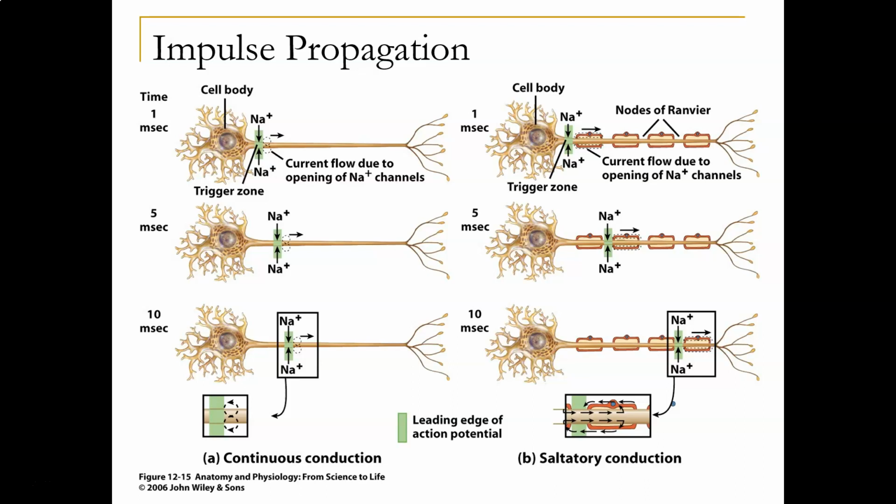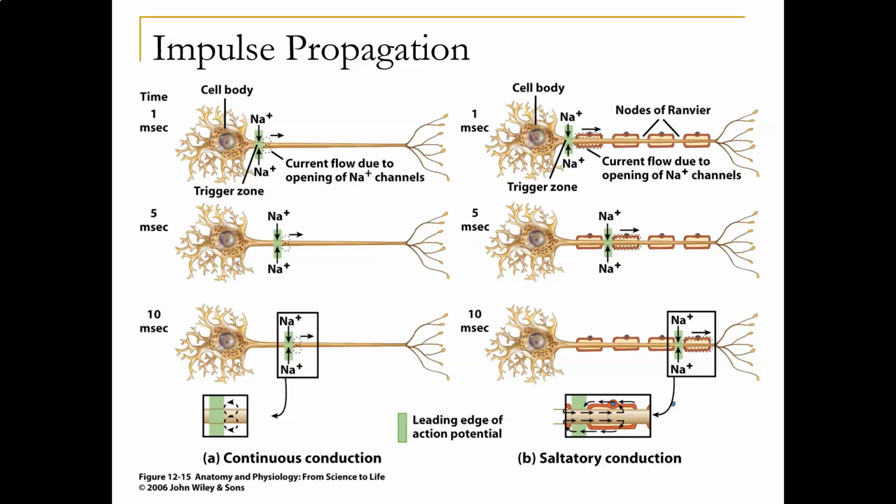Sodium will move in, it'll zip to the first node of Ranvier, and open sodium gates there, and so on. So you need fewer ion gates. They're spread out further with these insulated regions of the axon in between. And they call it saltatory conduction because it seems like the action potential is jumping along the axon because you only have gates at intervals.